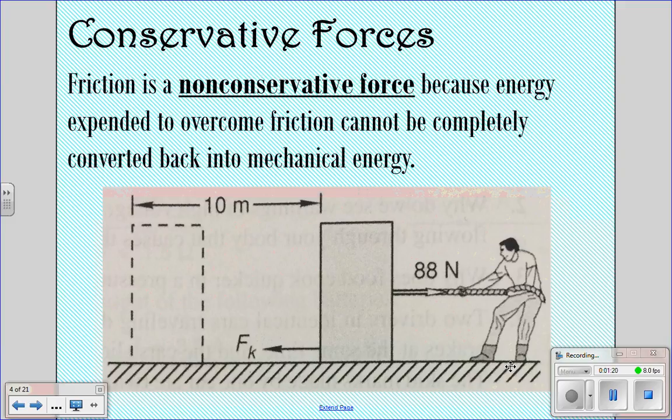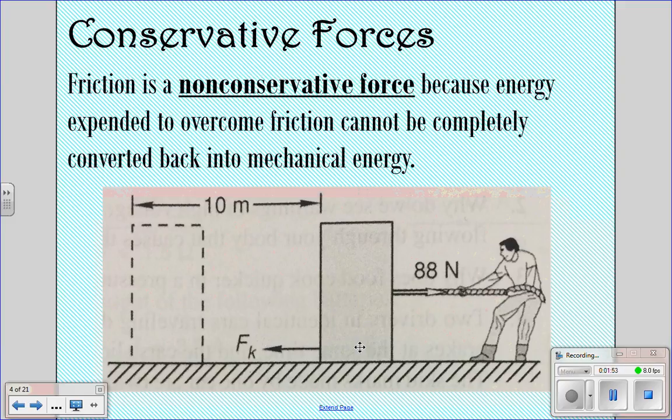So the work that he did, he moved it 10 meters and he expended 88 newtons of force. So his work is 88 times 10, so 880 joules. And the work that was converted to heat and sound by the friction was also 880 joules because the kinetic friction force equals the force he is doing pulling, because those are the only two things in the picture.